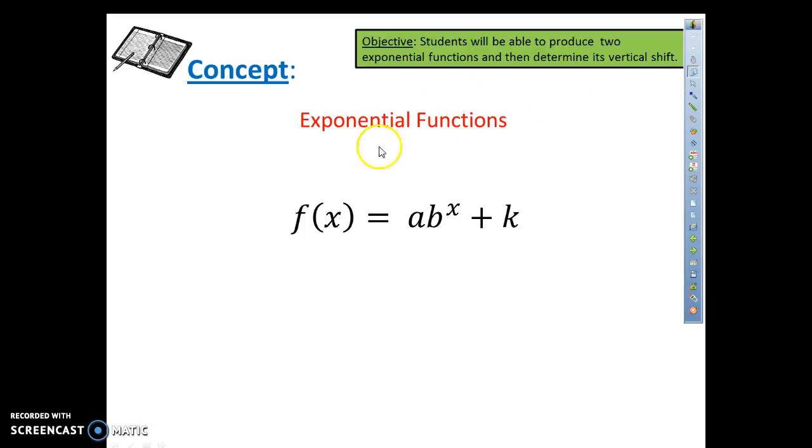So we've defined our exponential function as f of x equals a times b to the x power, and now we're going to add in this plus k. So make sure that you write this down somewhere. Remember that the a value is our coefficient that controls stretch and compression.